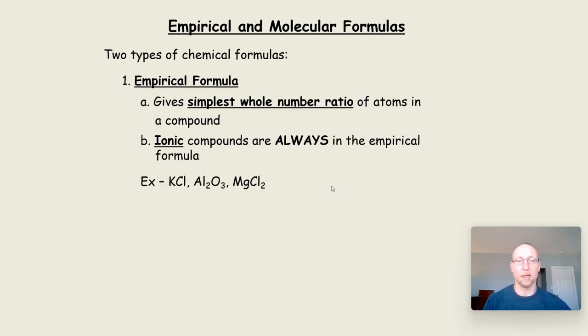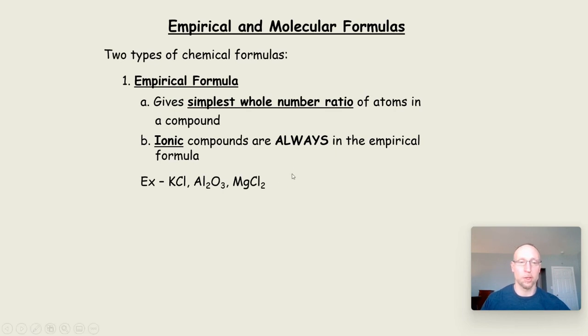So like KCl, Al2O3, MgCl2. And what that means is they can't be reduced anymore, right? Nothing means one. So 1 to 1, we can't reduce any further. 2 to 3, we can't reduce any further. And 1 to 2, we can't reduce any further. So ionics, because remember, we don't have molecules in ionic compounds, so they're always going to be in the simplest whole number ratio.